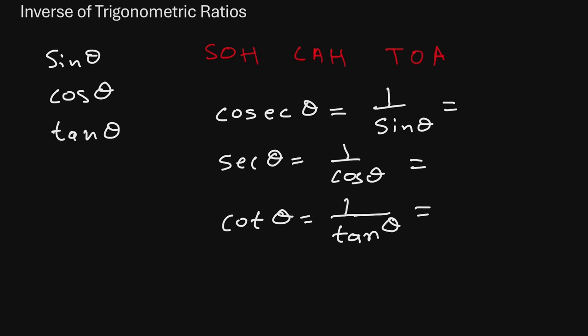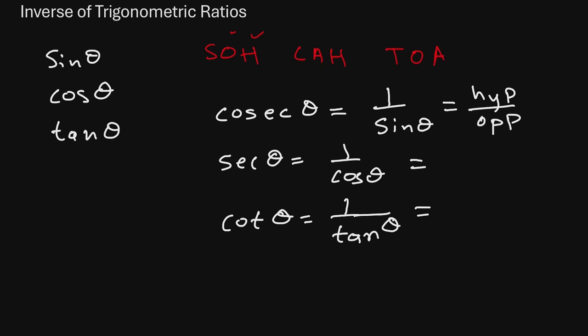We know the ratio of sine is opposite over hypotenuse. Because we are talking about the inverse, it is going to be in the inverse direction: hypotenuse over opposite. So cosec theta will be hypotenuse over opposite.